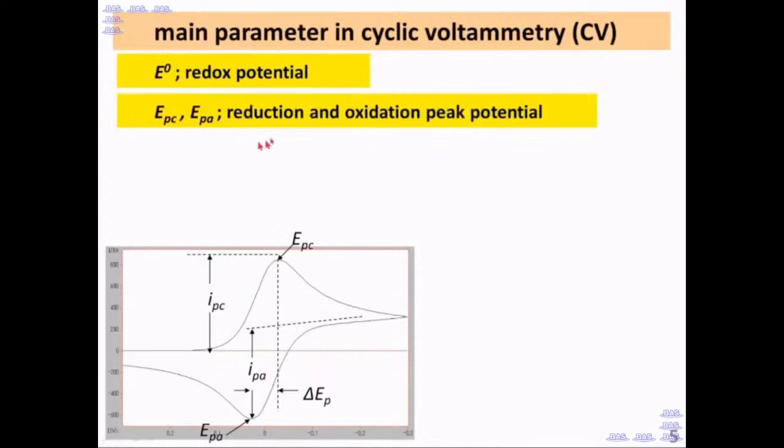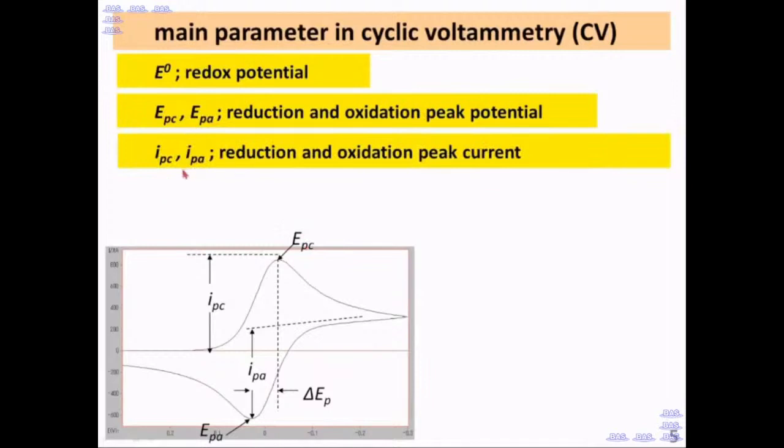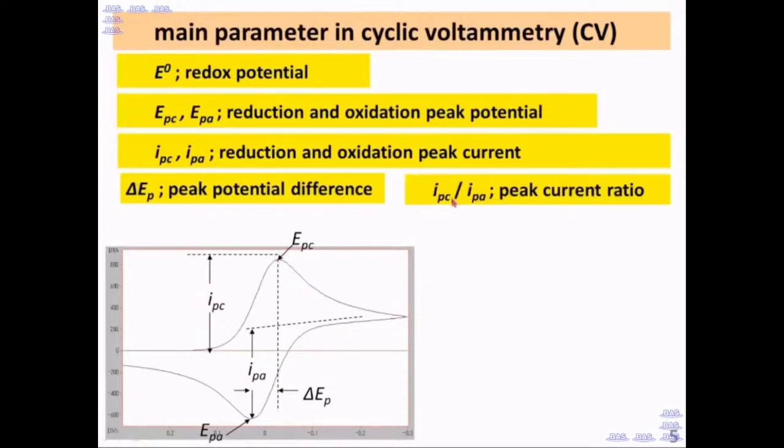EPC is the reduction and EPA the oxidation peak potential. These are the reduction and oxidation peak currents respectively. Delta E means the peak potential difference, the difference between EPC and EPA. IPC/IPA means the peak current ratio.